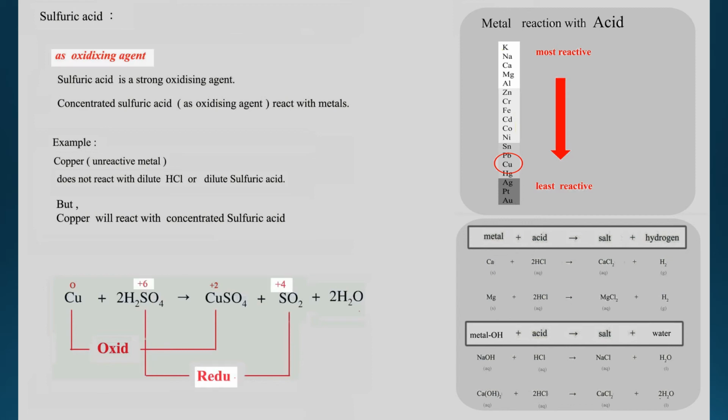You see, sulfur in sulfuric acid goes from +6 to +4. So that's why it is reduced, which means this is an oxidizing agent. Students, please understand.